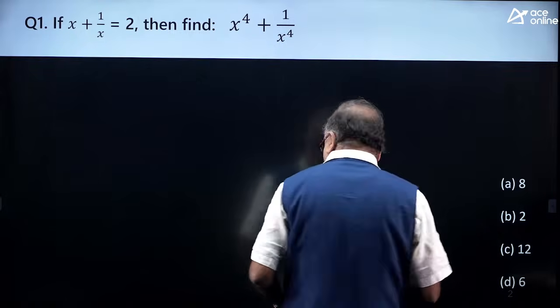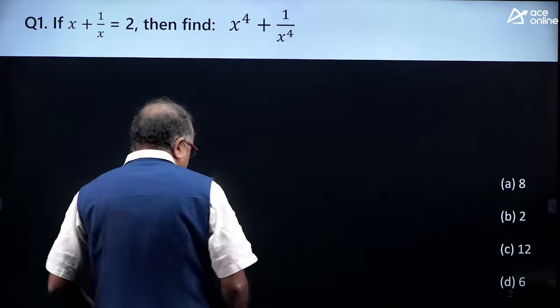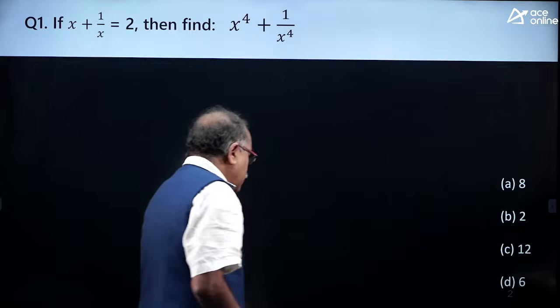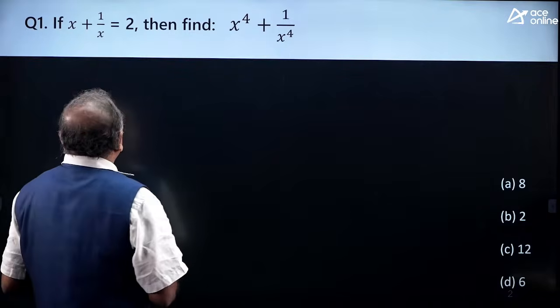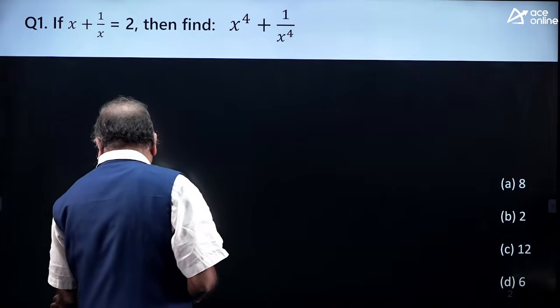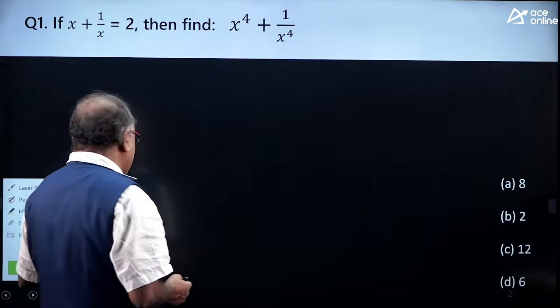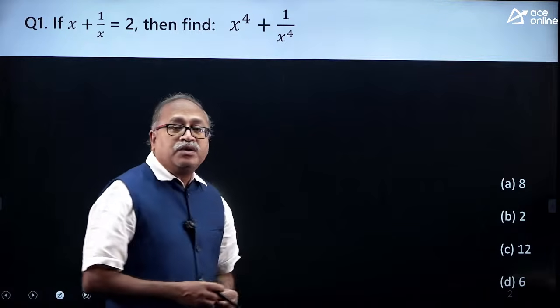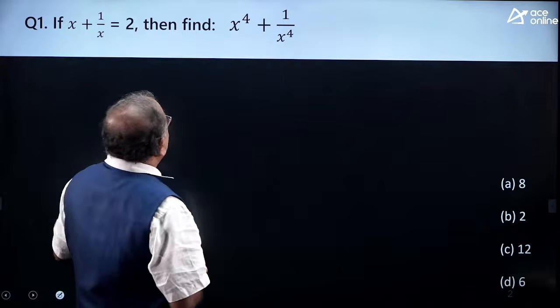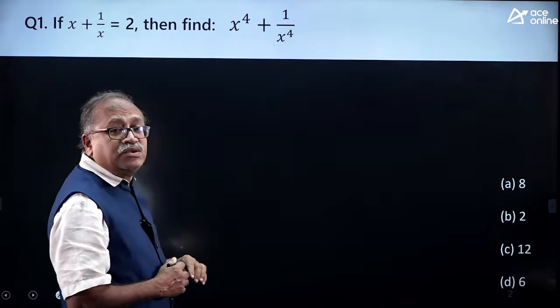Let's move on. How to answer this particular question? It's a very simple question. Those who are preparing for RRB SSC must be knowing how to answer it. Here I will convert this into square.